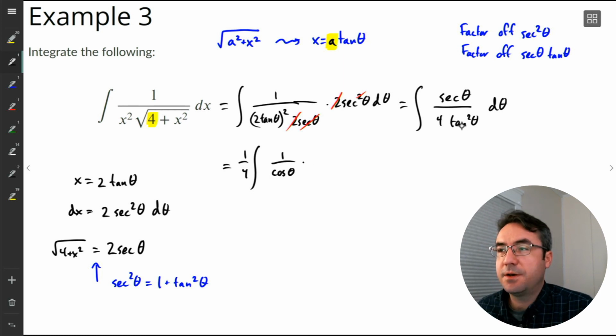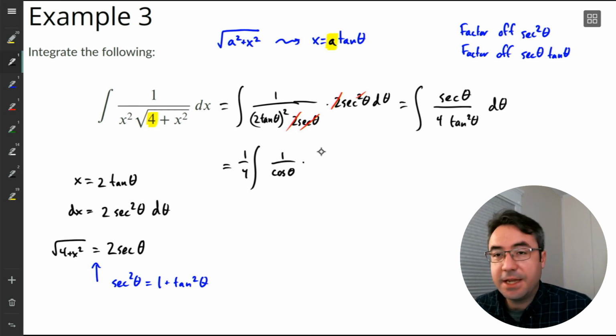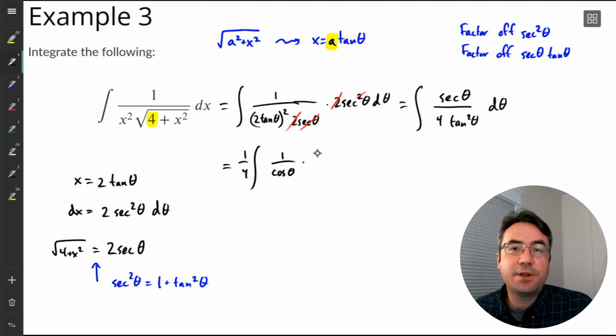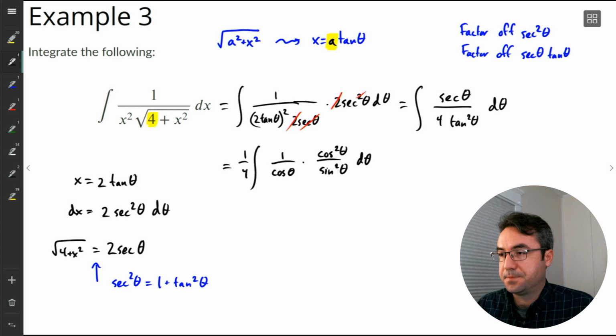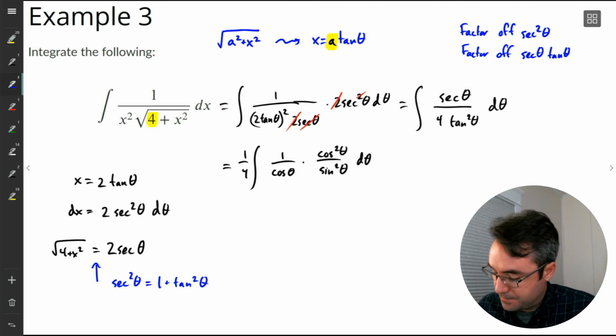And then what's the reciprocal of tangent squared? Well, tangent is sine over cosine. So the reciprocal of tangent squared is going to be cosine squared over sine squared. So the 1 over cosine, that's our secant. And then the reciprocal here, the cosine squared over sine squared, that's our 1 over tangent squared.